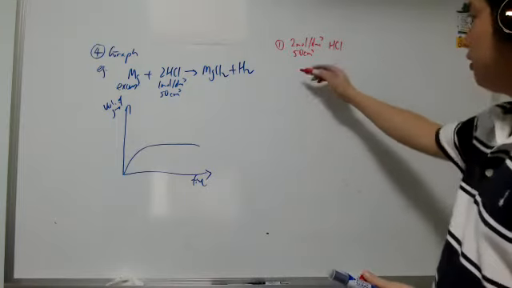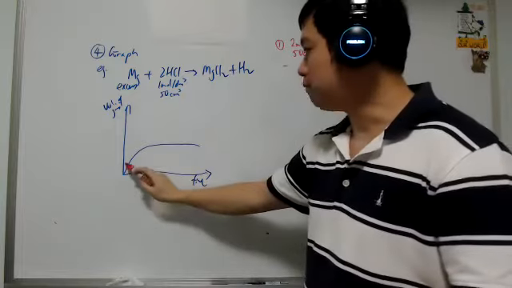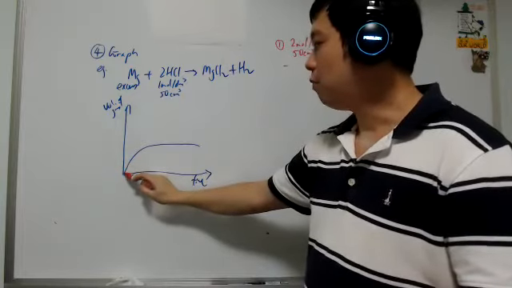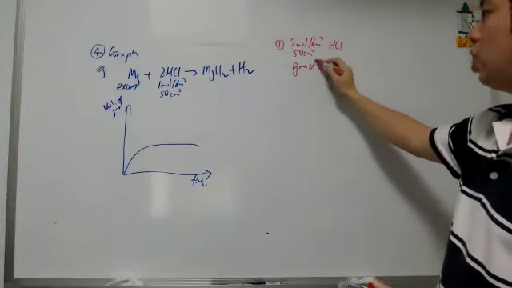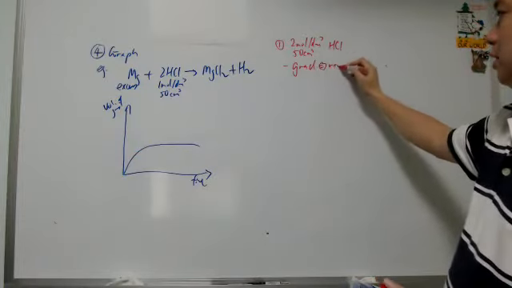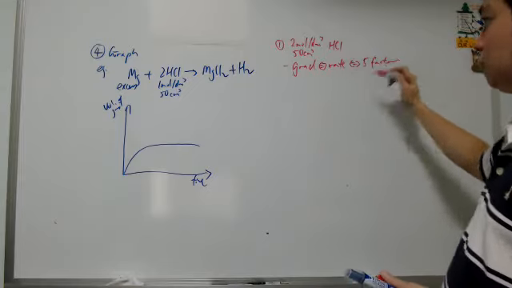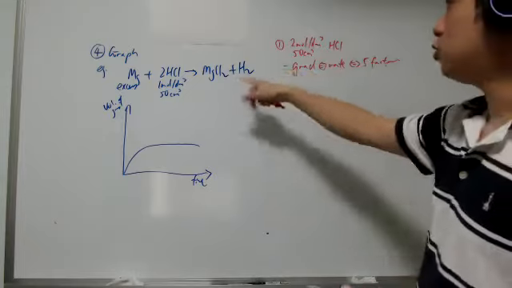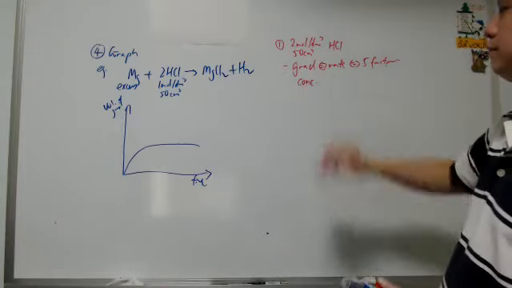For this kind of question, the first part is you have to determine the gradient. Whether it's steeper, the same, or more gentle depends on the rate. And the rate depends on what? The 5 factors. Among the values given here, of course, one of the 5 factors is concentration.